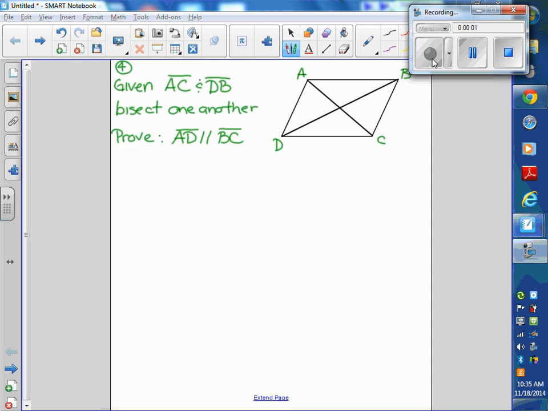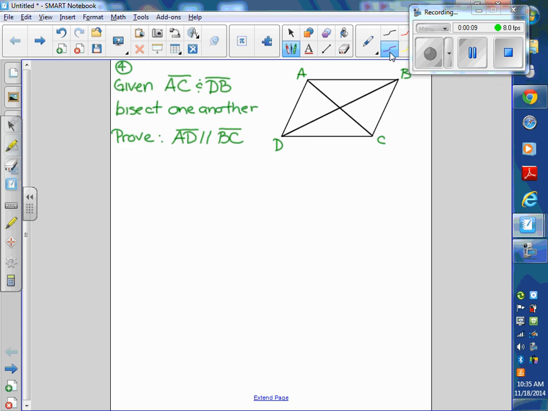But first of all, if you have your given that AC and DB bisect one another, and this is point E here, you know that they are divided into congruent parts.